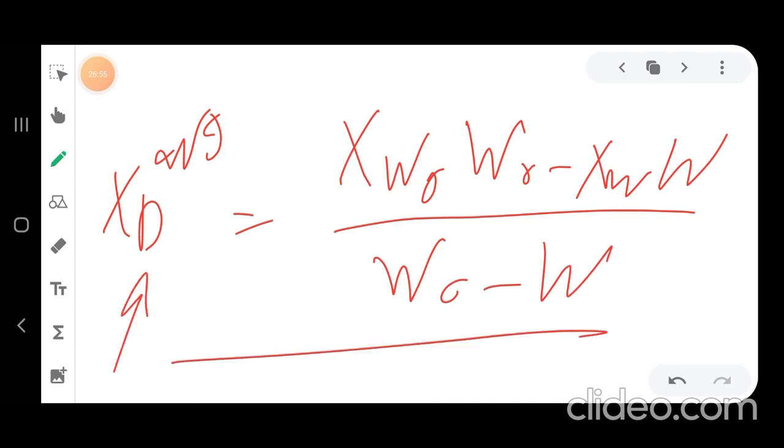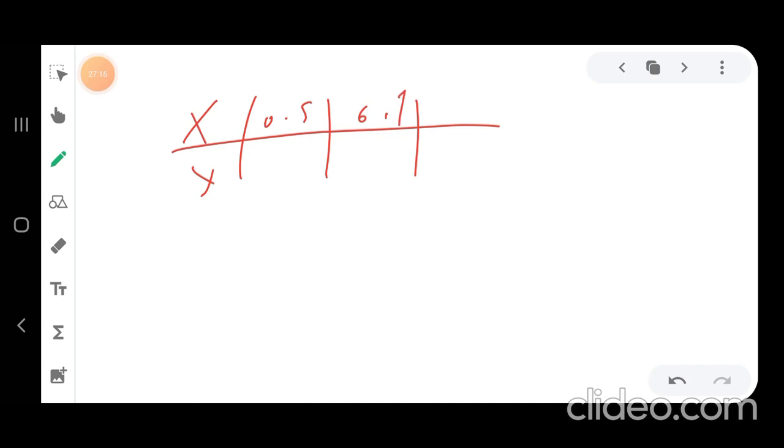Okay, regarding numerical integration, there's a point that I would like to mention. A problem that we face in numerical integration is that we don't have equal intervals. If you have here x and w, 0.5, then 0.4, then 0.3, then 0.2, you can see that we have a constant interval, which is minus 0.1.